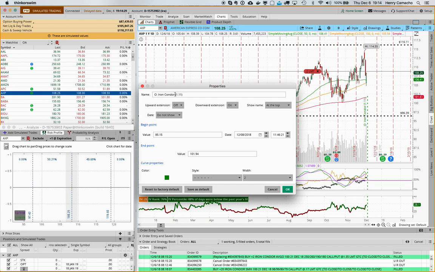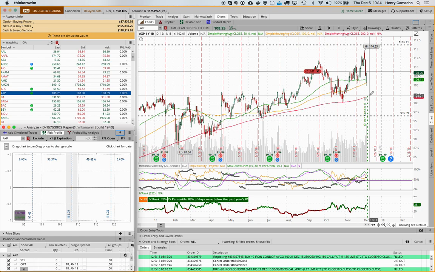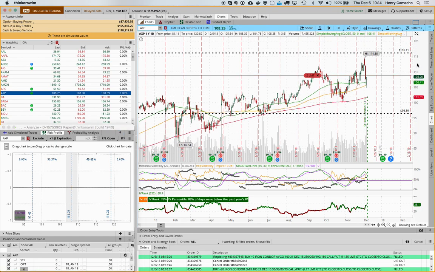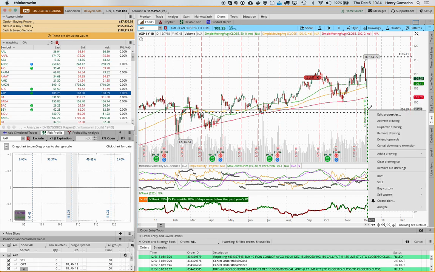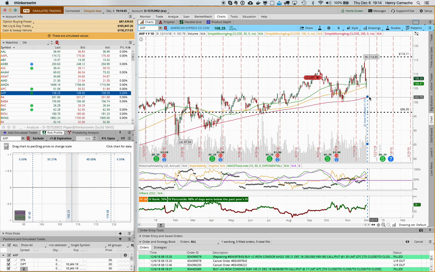And then I track how much I opened into the position. And if I'm going to do a ladder or something else, I will indicate that. And then if you hold the command key down and click again on it, you can then activate drawing.